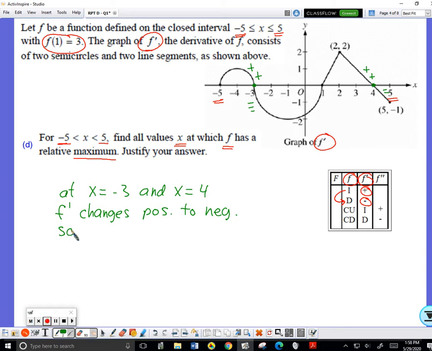So f has relative max at x equal -3 and x equal 4.